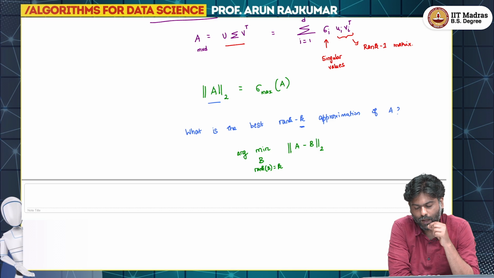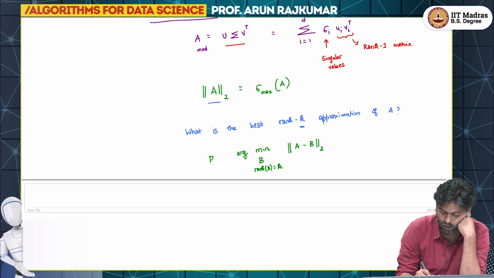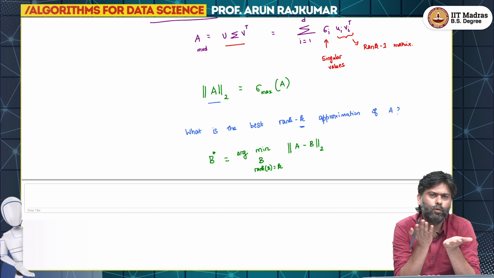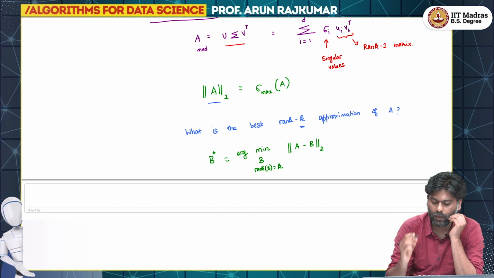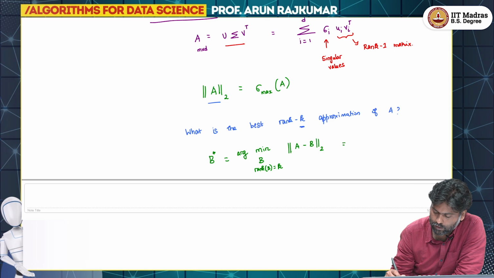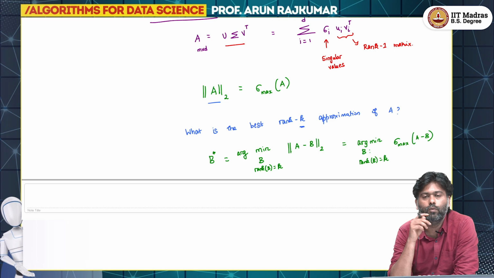So what I'm asking for is that B star, which is the approximation of A but has only rank K. How am I measuring approximation? I'm going to take the difference matrix and look at its L2 norm, which we know is just the largest singular value of the difference matrix. So this is asking, among all matrices B such that rank of B is K, give me the one that has the smallest largest singular value for A minus B.